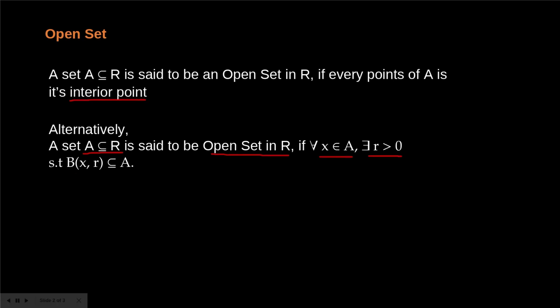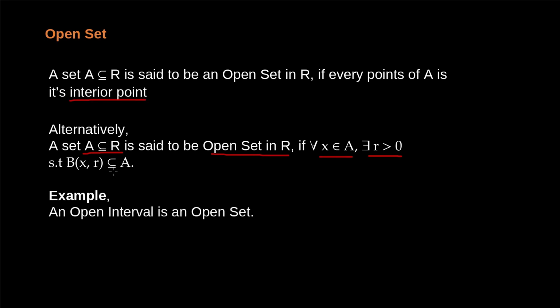We can make it more clear from an example. Here we have a simple example: every open interval is an open set. So this can make us more clear about open set. Let's say this is an open interval which ranges from -2 to 9.